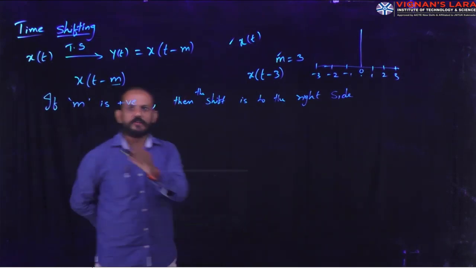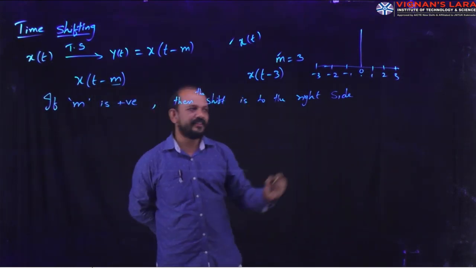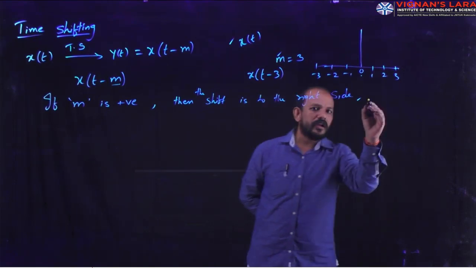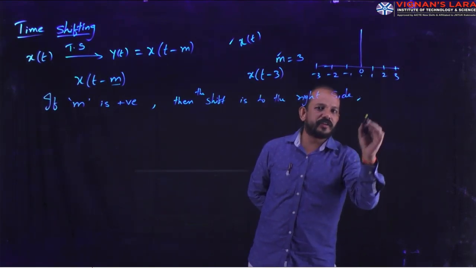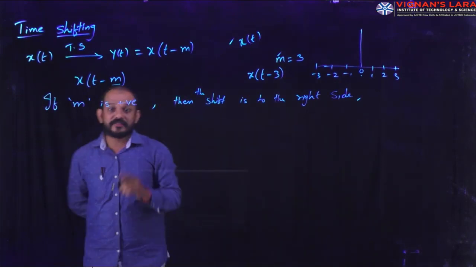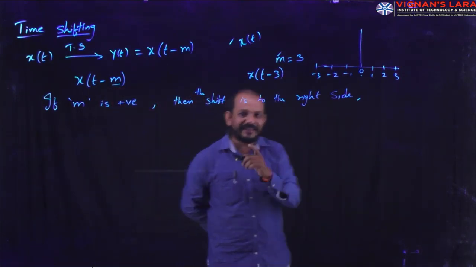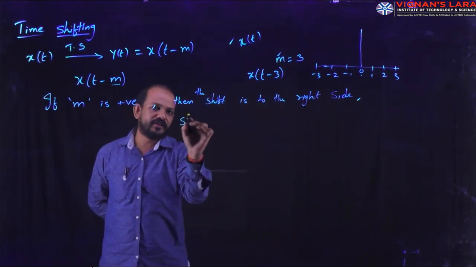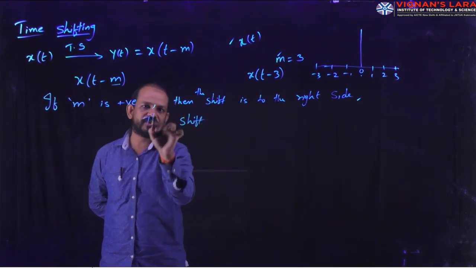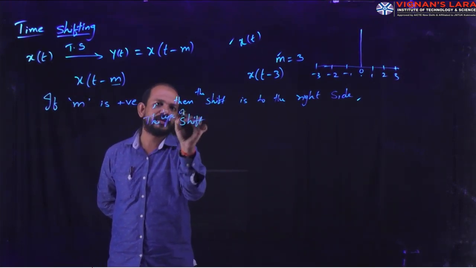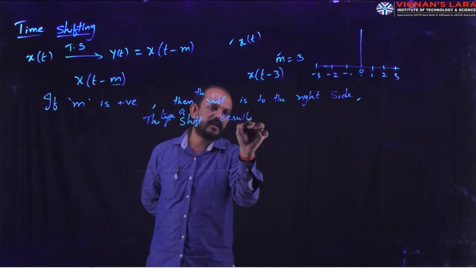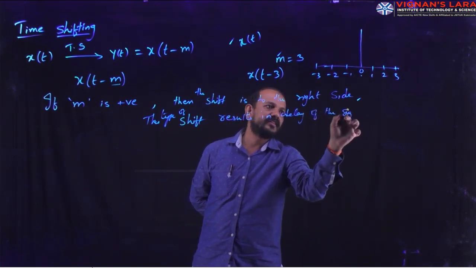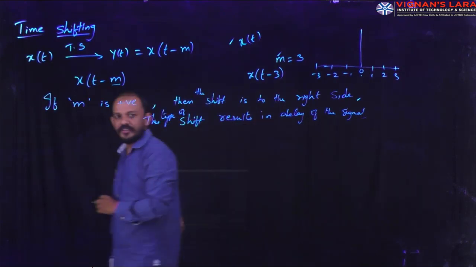So I explained just the outline. Now see, if m is positive, then the shift is to the right side. Clear? As it is a right shift, that shift results in delay of the signal.